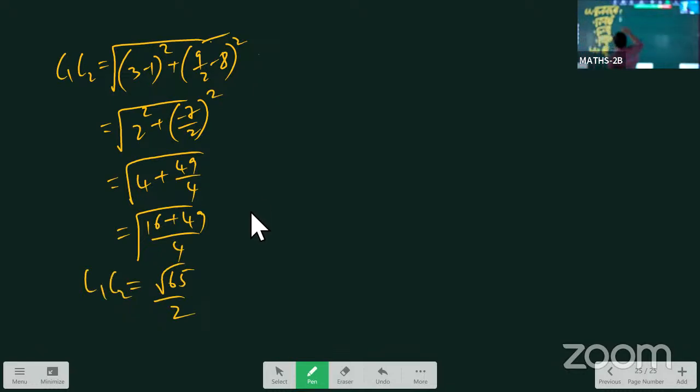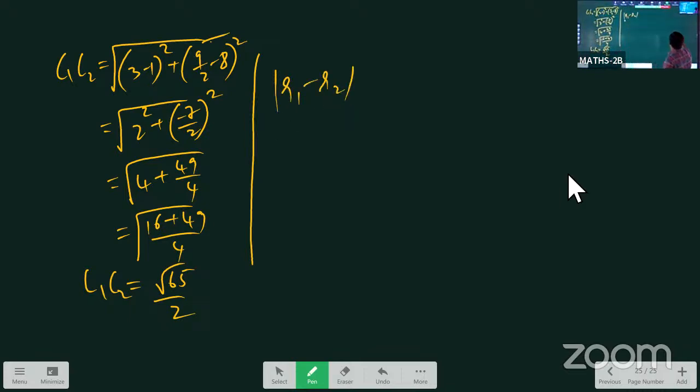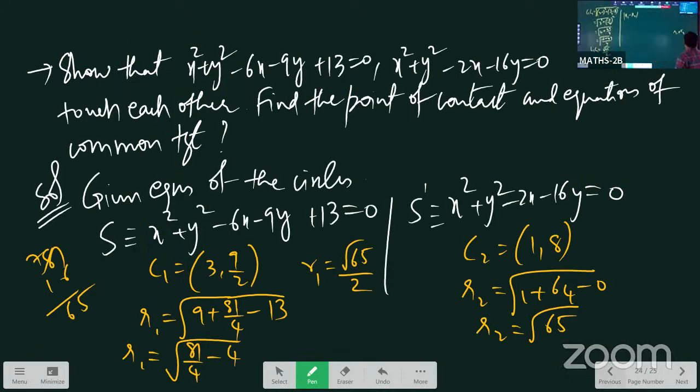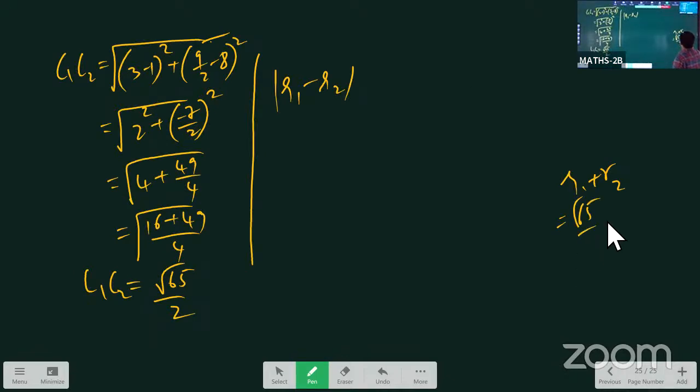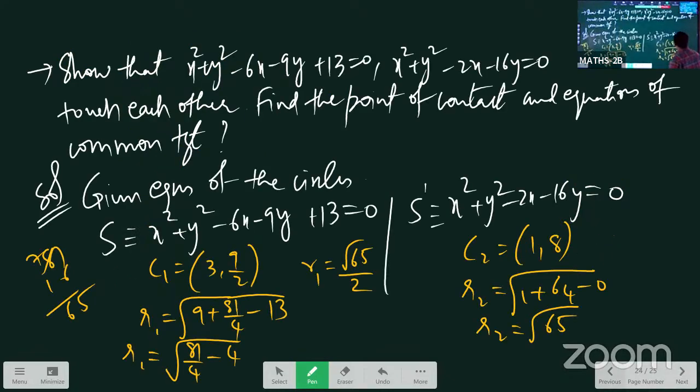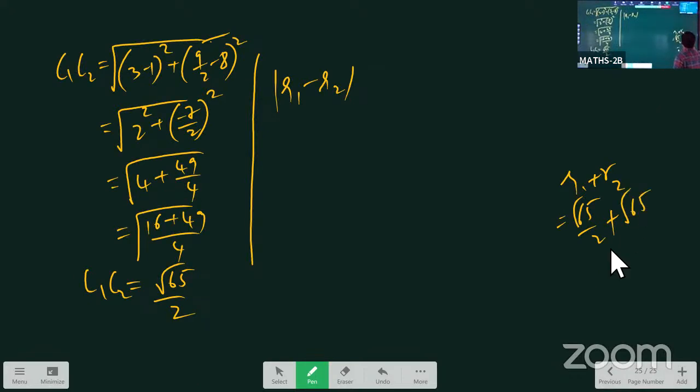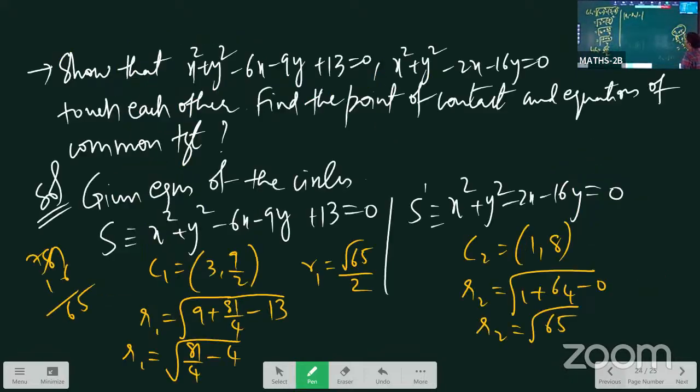Now here, we are going to check mod R1 minus R2. Sir, why you are not going for R1 plus R2? Okay, in your previous board, what is your R1? Root 65 by 2. What is your R2? Root 65, right? If you add them, I'm getting 3 root 65 by 2, which is not equal to root 65 by 2. That's why we are not doing R1 plus R2. Then what we are going to do? R1 minus R2.